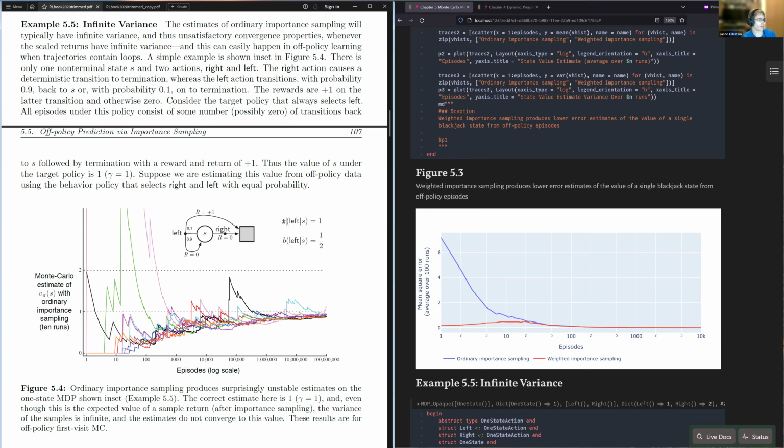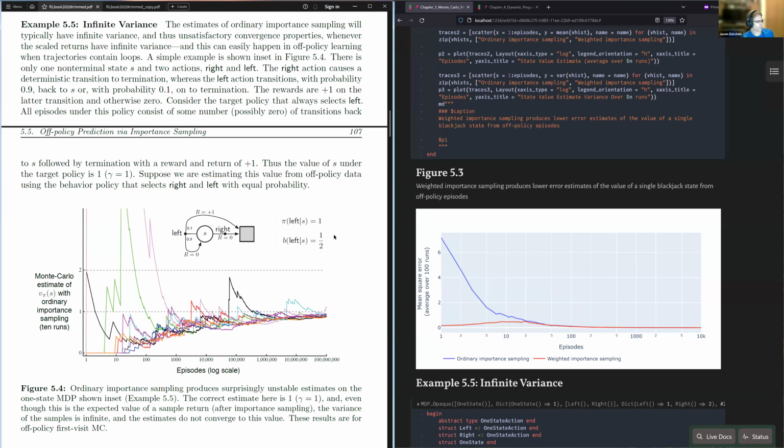The policy we're interested in always goes left. So either it keeps going back to the same state, and eventually it will terminate with a reward of 1. So the value of this state under this policy is 1.